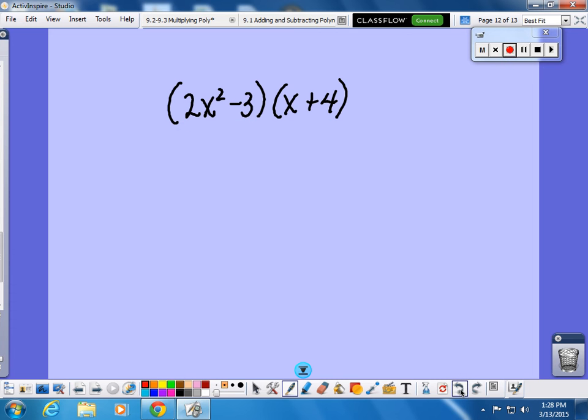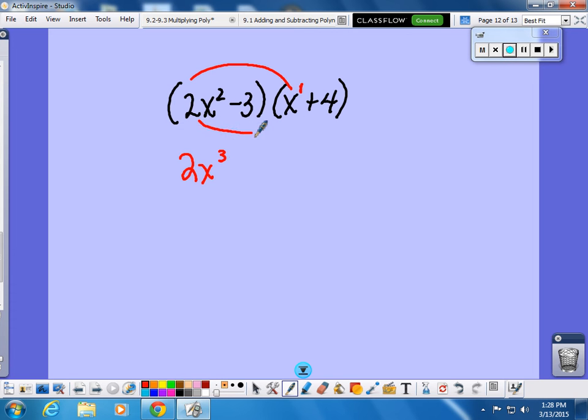All right, let me show you one. I have 2 binomials, so that's why I can use the FOIL method. What do you think 2x squared times x is? 2x cubed. Yes. Remember when we multiply the bases, we add the exponents. So 2 and 1 is 3.